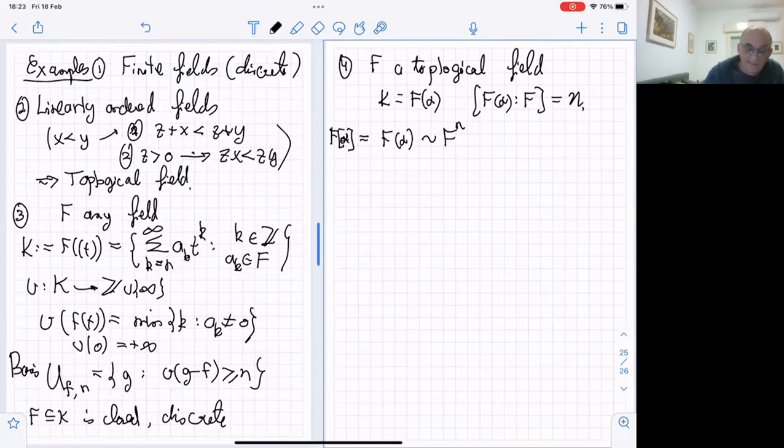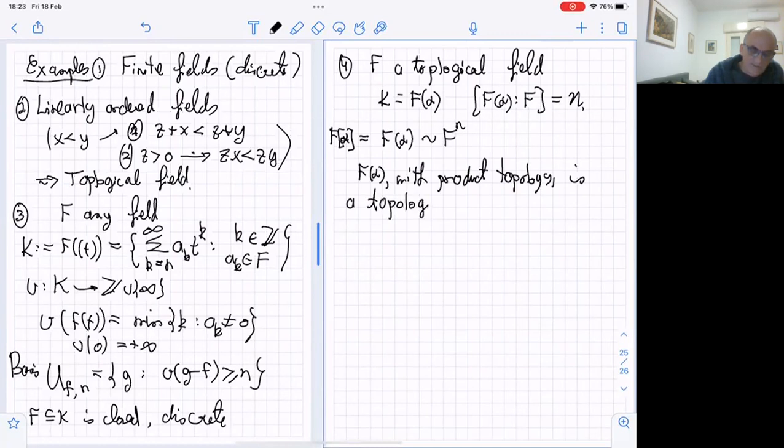And it turns out that F alpha with the product topology coming from F is a topological field. Showing continuity of plus and times is not hard, because the imaginary and the real part, if you want, the coordinates will be polynomials over F, but showing that 1 over x is continuous is less trivial, but still it's not a difficult exercise to show.